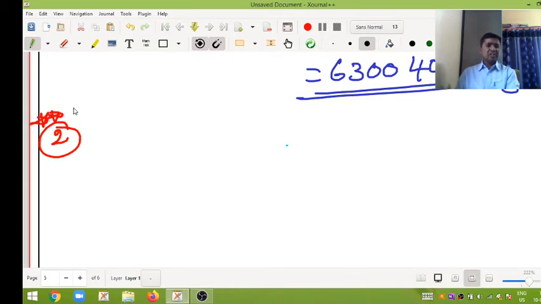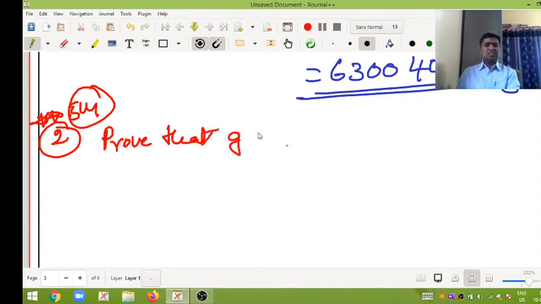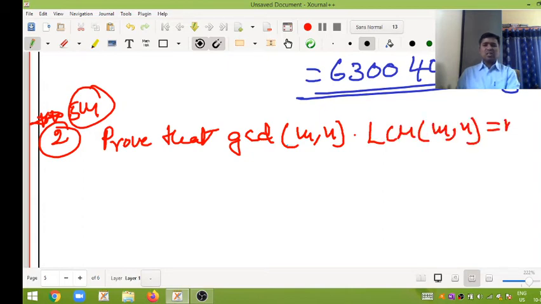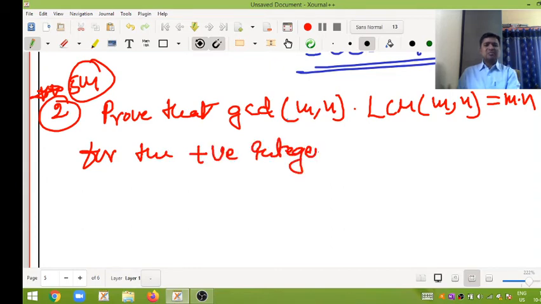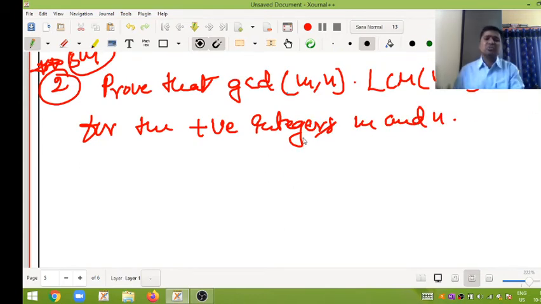See here, prove that GCD of m comma n into LCM of m comma n is equal to m into n, for the positive integers m and n, my dear friends. This is a beautiful and important question. I hope you all understood this question.